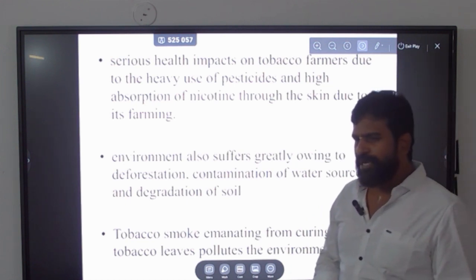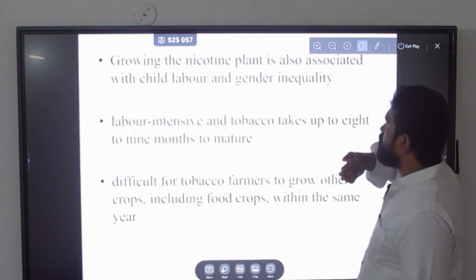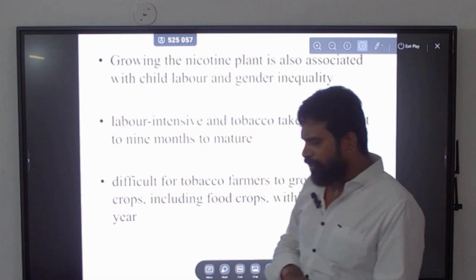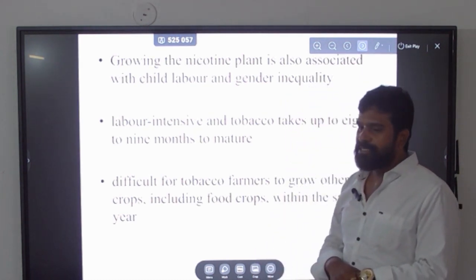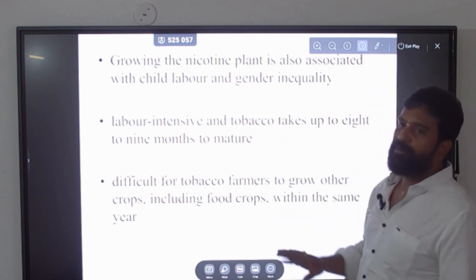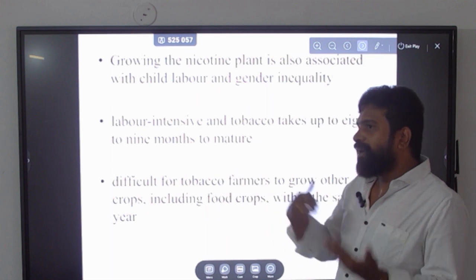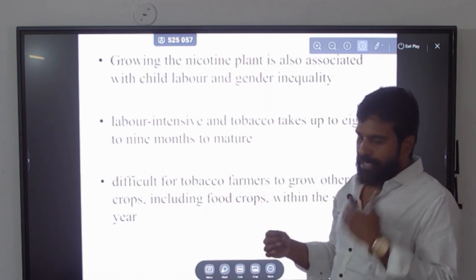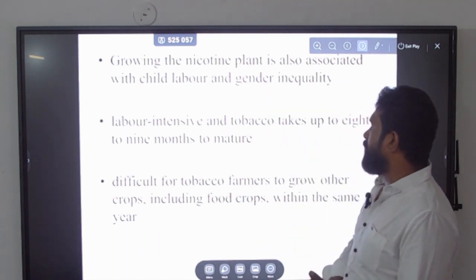And also, tobacco smoke pollutes the environment. We are also facing more child labor and gender inequality, because this is a labor intensive crop. You should know that tobacco is a labor intensive crop. So what the farmers are doing is making more use of child labor in tobacco cultivation.